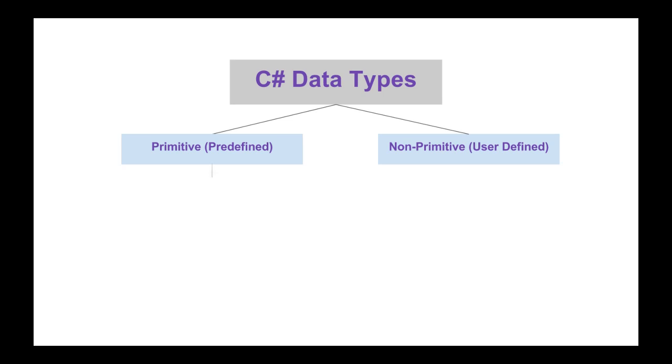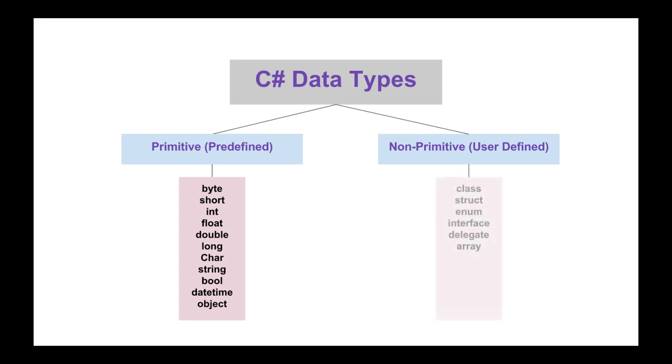In the primitive data type, we have byte, short, integer, float, double, long, character, boolean, datetime, string, object, and others. In the non-primitive data type, we have class, structure, enumeration, interface, delegate, and array.